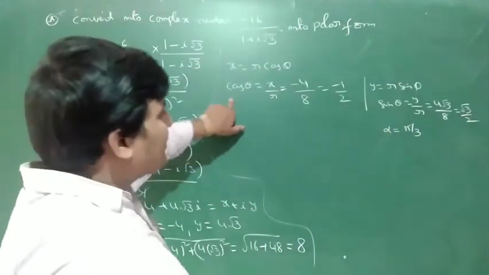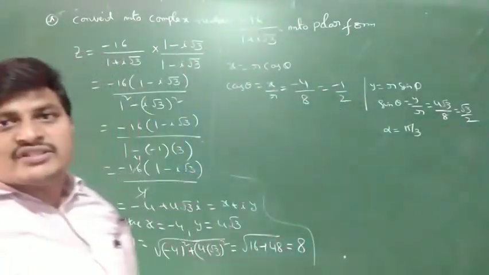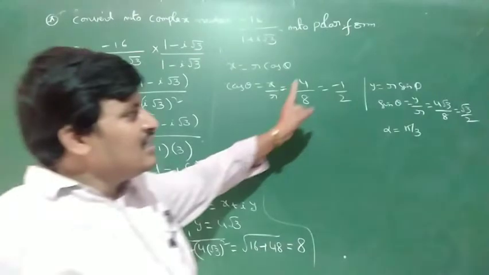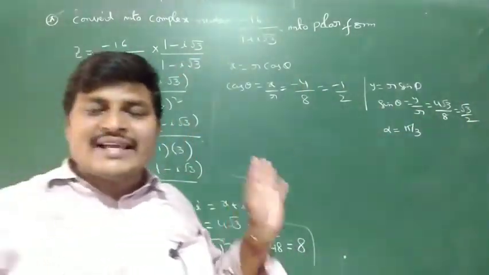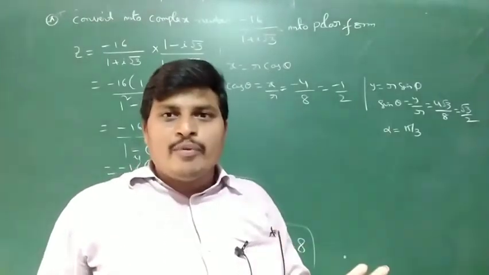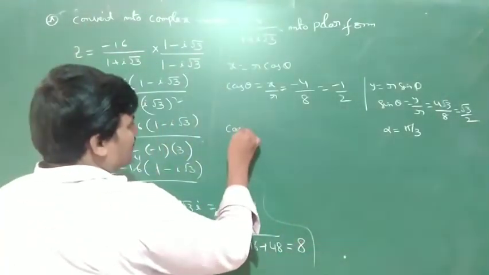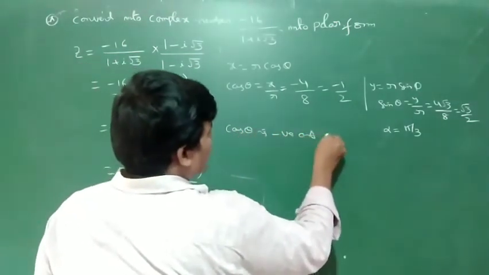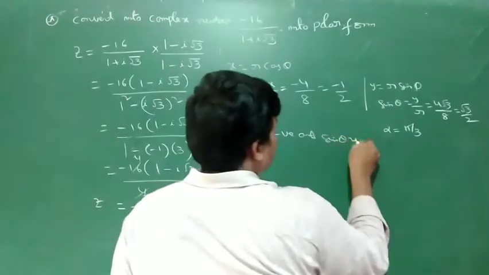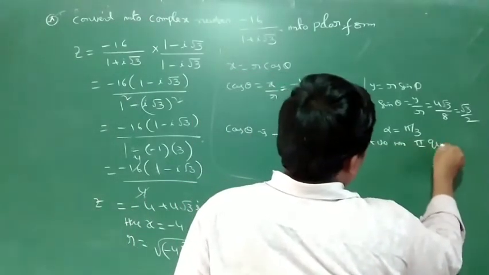Cos theta negative, sin theta positive: which quadrant? In the first quadrant all are positive. In the second quadrant sin is positive and cos is negative. So cos theta is negative and sin theta is positive in the second quadrant.